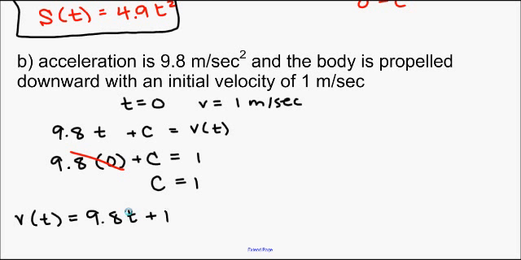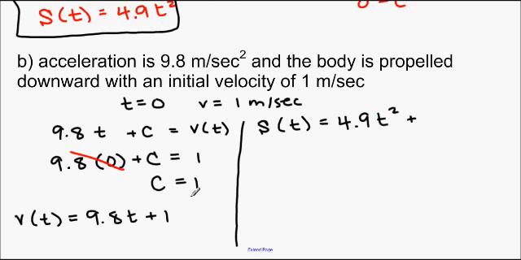Okay. And our position function. So position, I already divided that by 2. So s of t is going to be 4.9 t squared plus, now this 1, I need to give that a t, so plus t plus c.